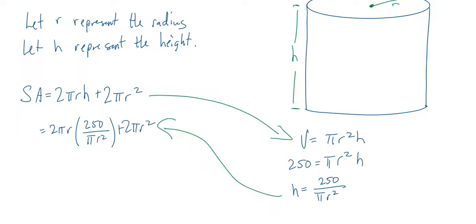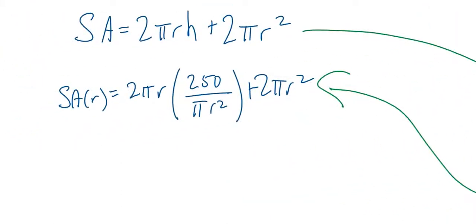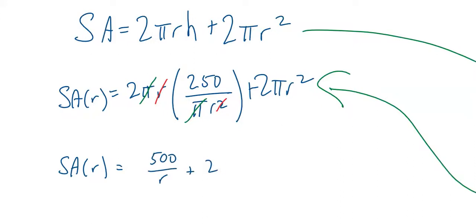Now that I've got a single variable, you don't have to do it in this step. You can do it in the next step if you want. I can use function notation. I can do a little bit of simplifying here because I've got a pi on top and a pi on the bottom. And I've got an r here and r squared here, so I'm getting rid of just one of the r's. So surface area in terms of radius is 2 times 250, which is 500 over r, plus 2 pi r squared.